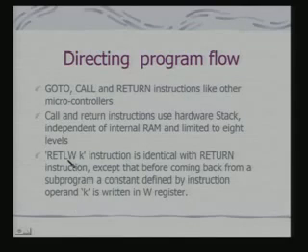There is also another very interesting instruction. This instruction is again a return instruction, except that before coming back from a subprogram, a constant defined by the instruction operand k is written into the W register. This is an interesting form because a particular value is written onto the W register when you are returning from a subroutine call.